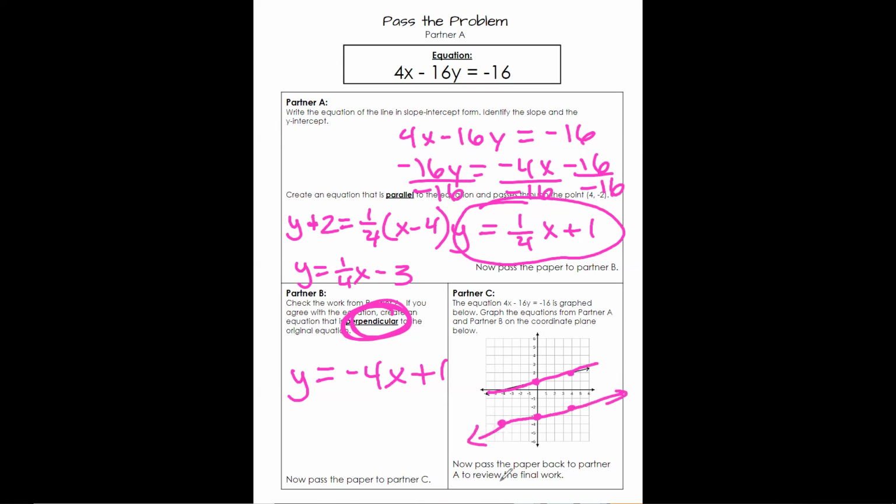Okay, so here's the parallel one. The perpendicular is going to be here, down 4 over 1, up 4 over 1. Okay, so notice how that creates that 90-degree angle, right? We got on this. Yes, no, maybe.